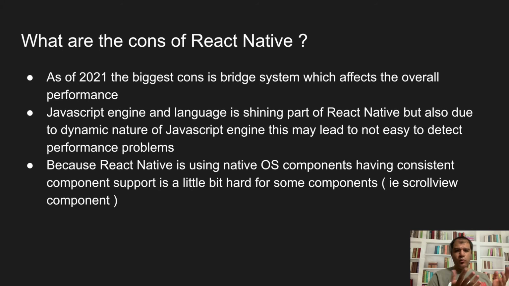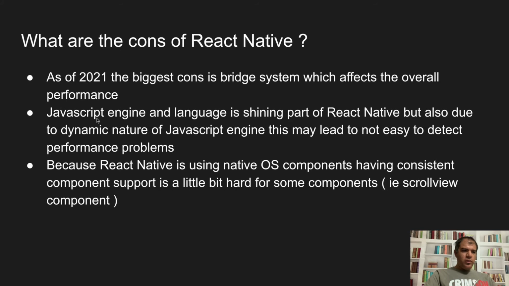But we cannot guarantee that. So things will change after that. But right now, JavaScript side is sending commands over the bridge using JSON data, and native side is parsing that JSON. So this is a huge performance killer. So this is the biggest cons.